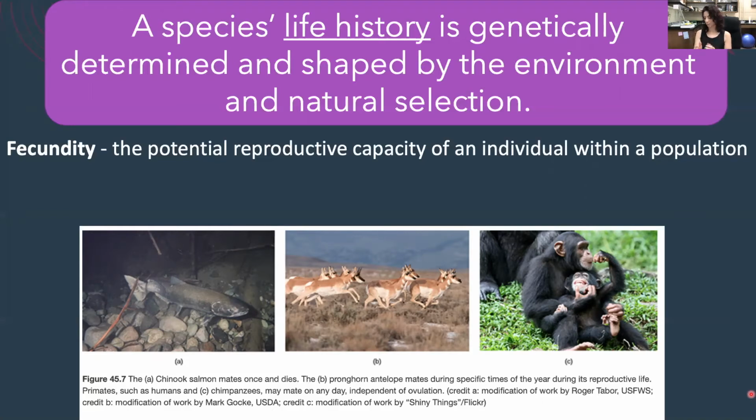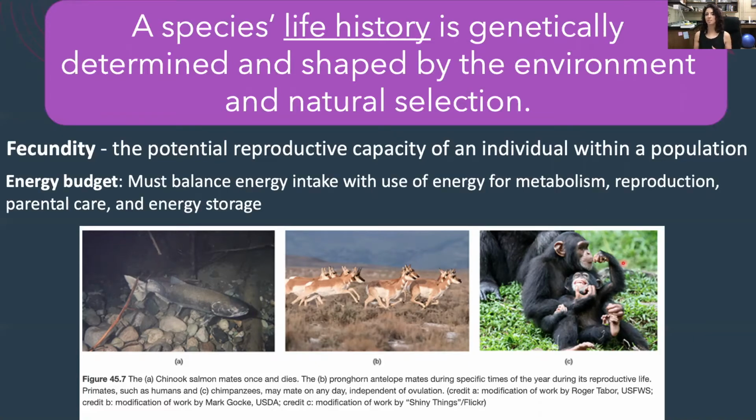And different populations have different levels of fecundity. For example, we have the example of our salmon, our antelope, and our chimpanzees. And all of them display different types of energy in terms of rearing their young.